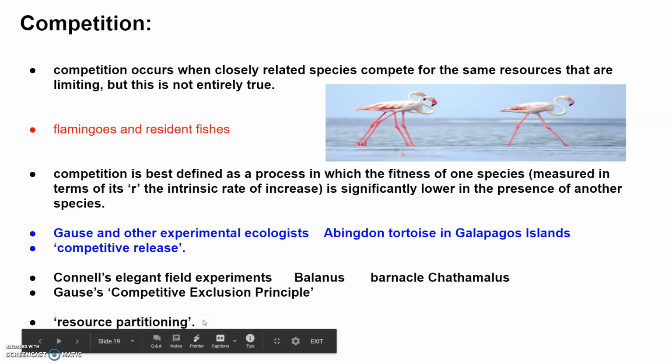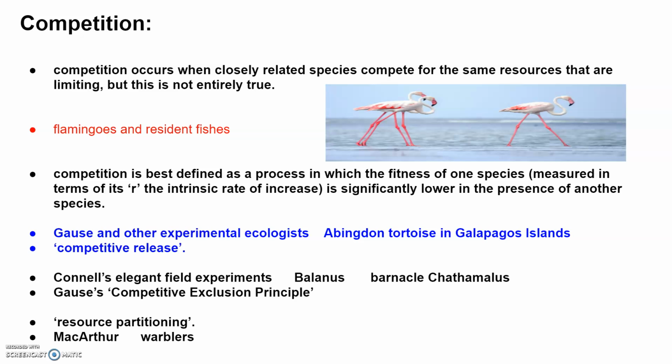If two species compete for the same resource, they could avoid competition by choosing, for instance, different times for feeding or different foraging patterns. MacArthur showed that five closely related species of warblers, living on the same tree, were able to avoid competition and coexist due to behavioral differences in their foraging activities.